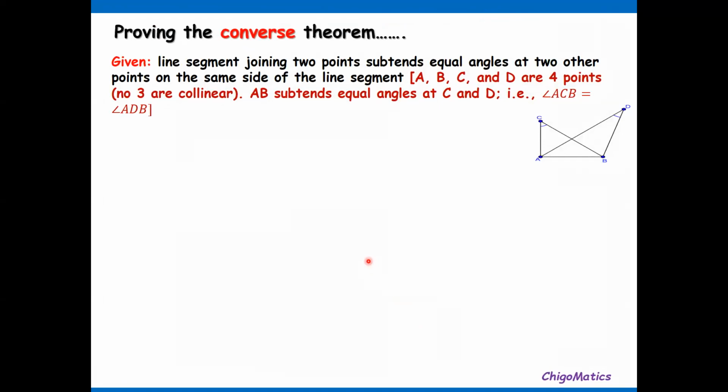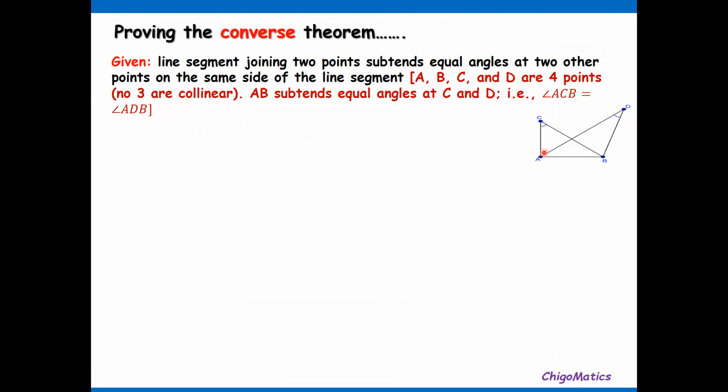Now, we need to understand something here. A line segment joining 2 points subtends equal angles at the 2 other points on the same side of the line segment. That means we have A, B, C, and D as the 4 points. But as you can see in the diagram, any 3 are not collinear. Collinear means they are on the same line.